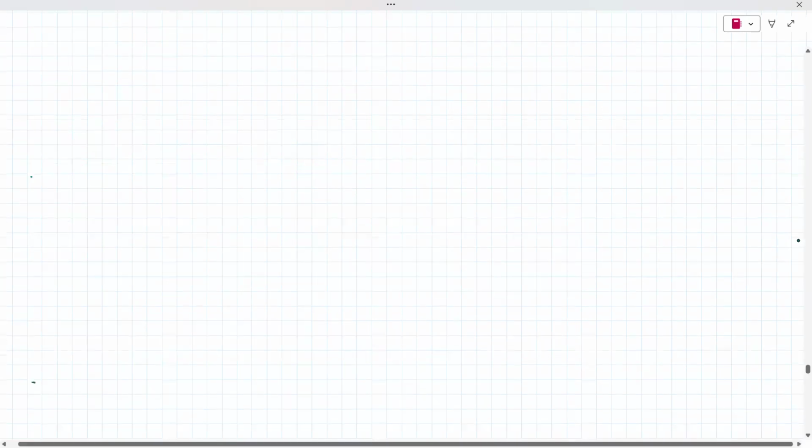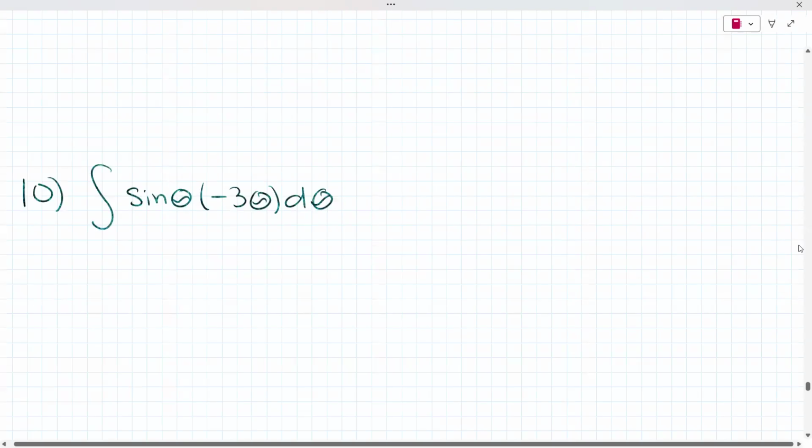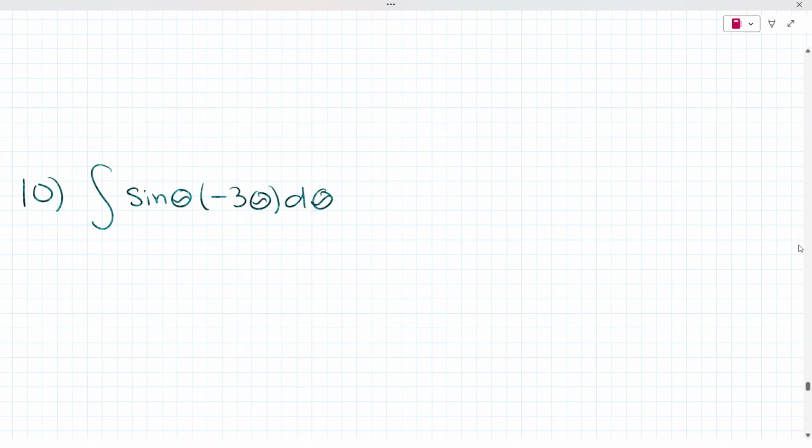Let's do another one. So example 10, we have the integral of sine theta times sine of negative 3 theta d theta. What we know is that sine of negative theta is the same thing as negative sine theta.